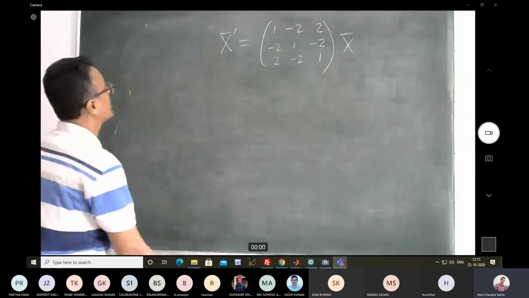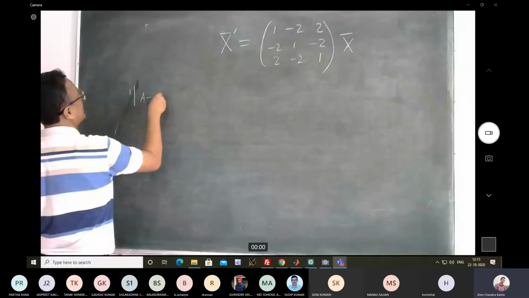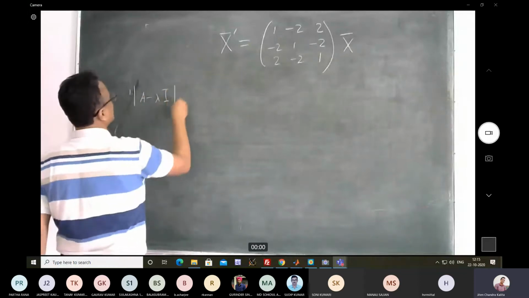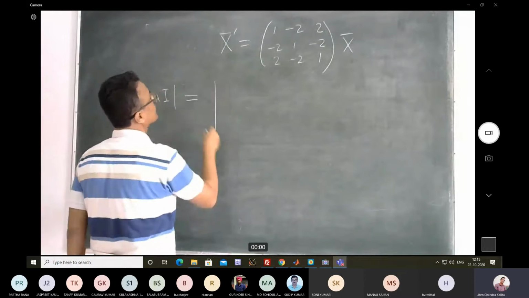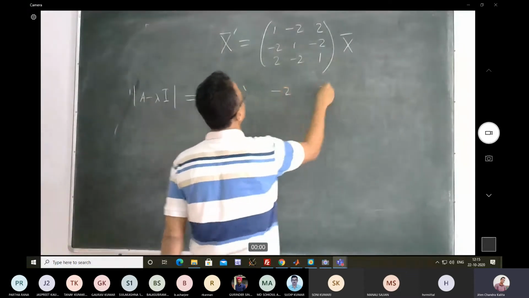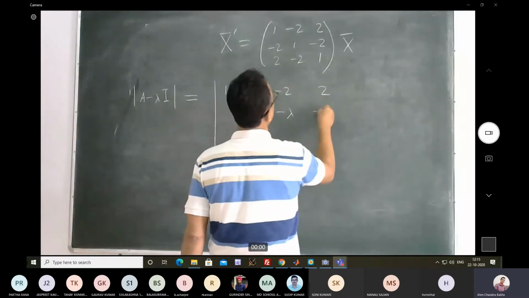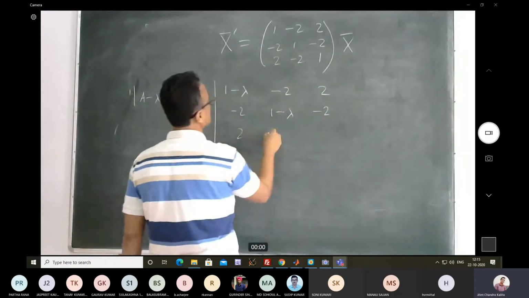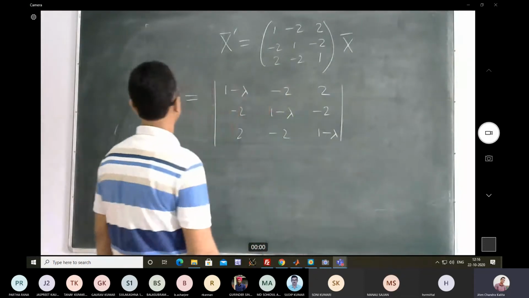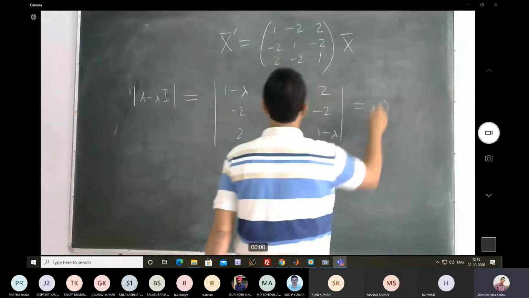Now, if I want to find A minus λI, that is going to be 1 minus λ, -2, -2; -2, 1 minus λ, -2; -2, -2, 1 minus λ, and this determinant is equal to 0. So what are you going to do?